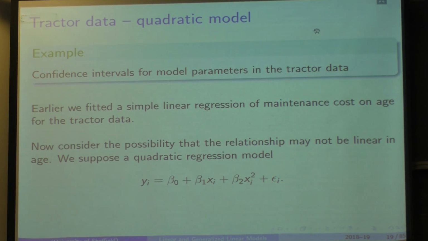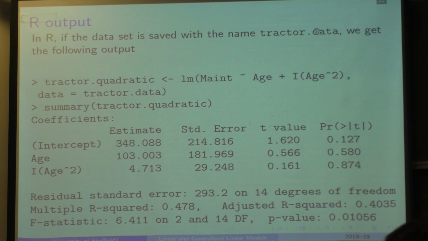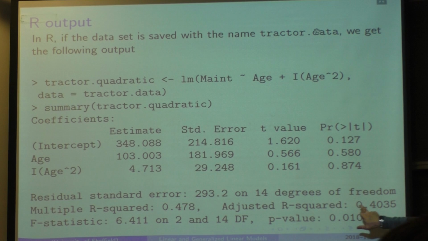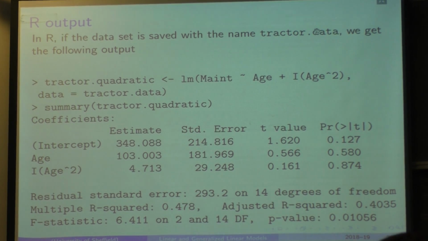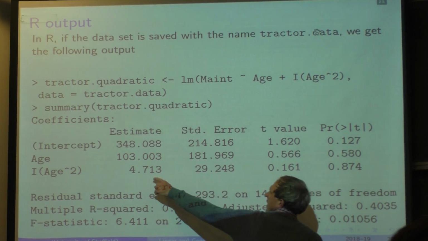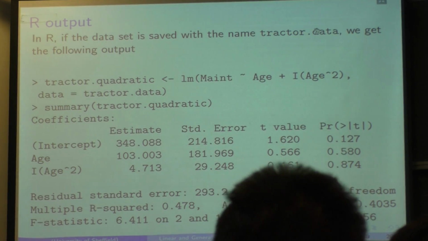Okay, so the next slide we'll see the output that we get from R if we try and fit this quadratic regression to the tractor data. So we've given it the name tractor.quadratic, and we've got the summary information here. So we've got the coefficients, we've got the multiple r squared and adjusted r squared that I talked about earlier in the lecture, and we've got, of course, the intercepts, which are here, the estimate of the parameter values.